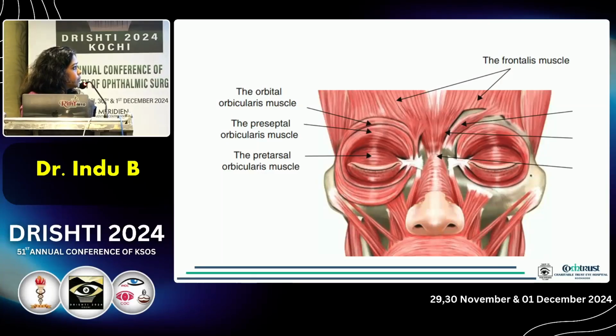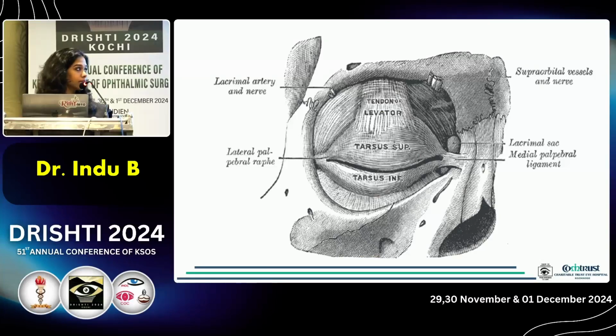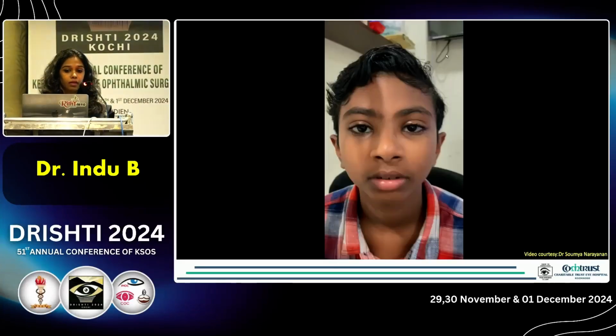So the palpebral part helps in the normal closure, and the orbital part helps in the forceful closure of the lid. And it's not just the orbicularis which acts on closing, it's also the levator. The relaxation of the levator causes the closure of the eyelids. So this is a pretty common condition.